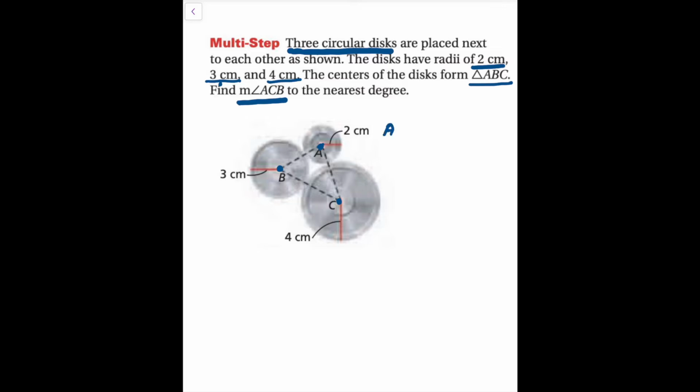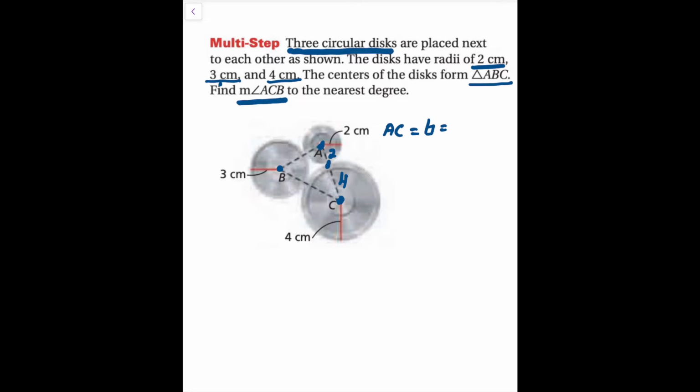So if I look at AC, which is opposite to angle B, so I should be calling that as lowercase b, is equal to, can I figure out AC? So from A to this point is the radii of the smaller circle, which is 2, and from C to here is the radii of the largest circle, which is 4.